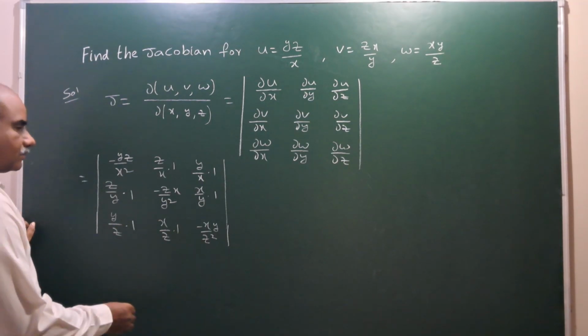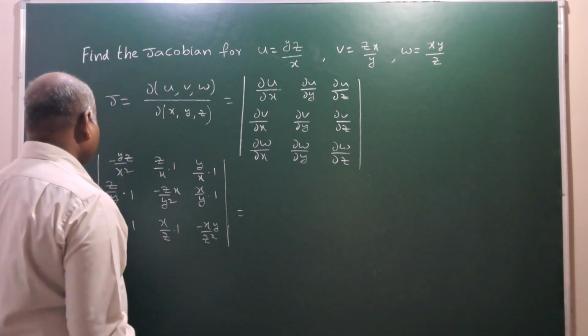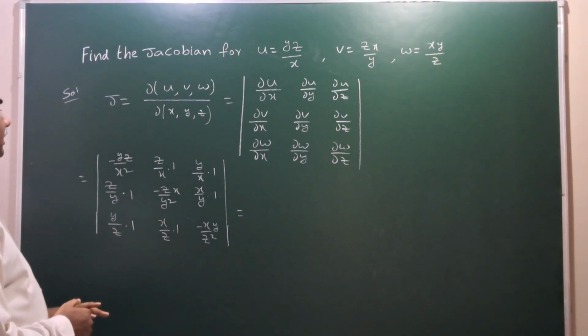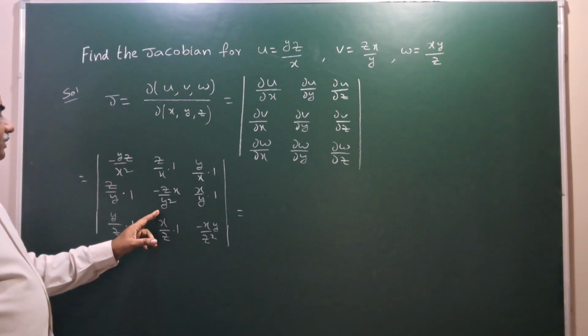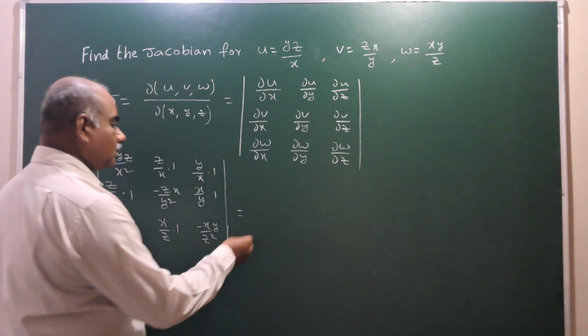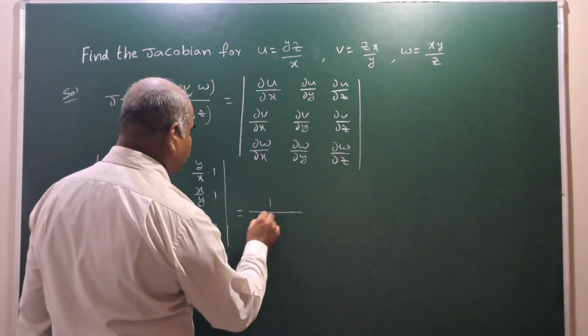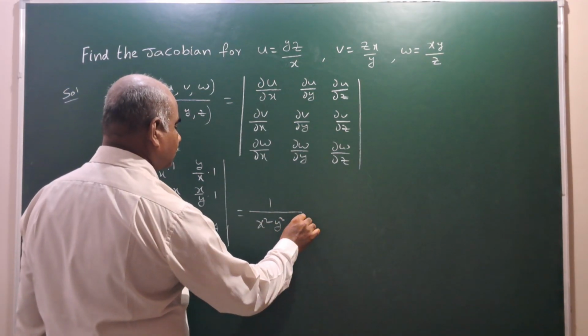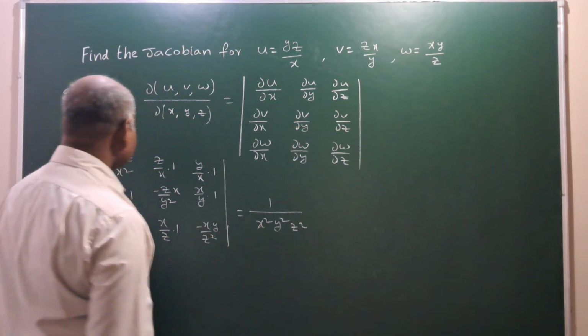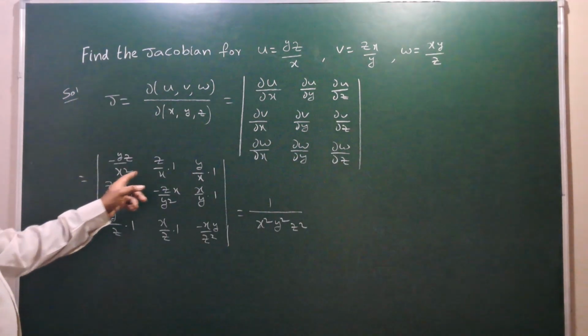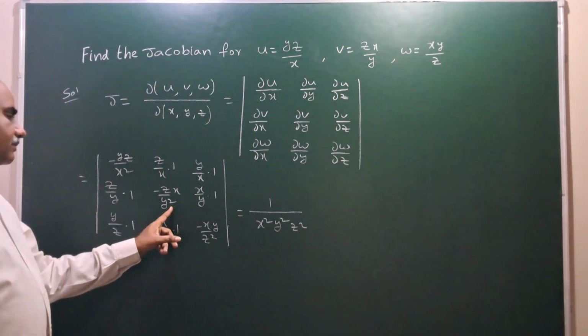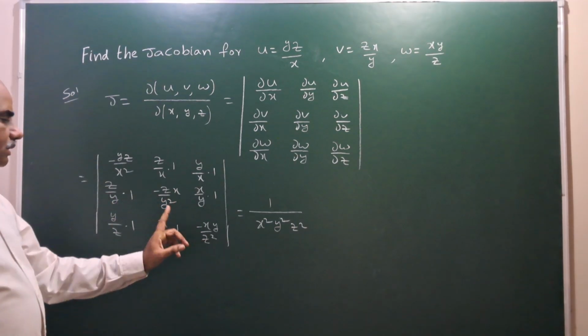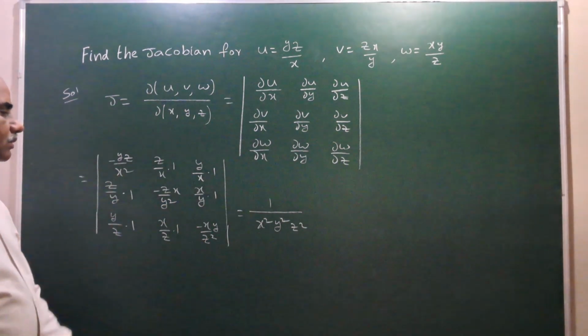So we have to take common x square, y square, z square. Okay. So 1 by x square y square z square. Take x square as common from the first row, y square as common from the second row, and z square as common from the third row. Okay.